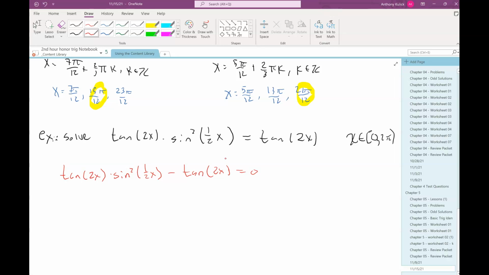Is everybody okay to there? Now what? Starts with an F. Factor. What can I factor? The tan 2x is the greatest common factor, right?